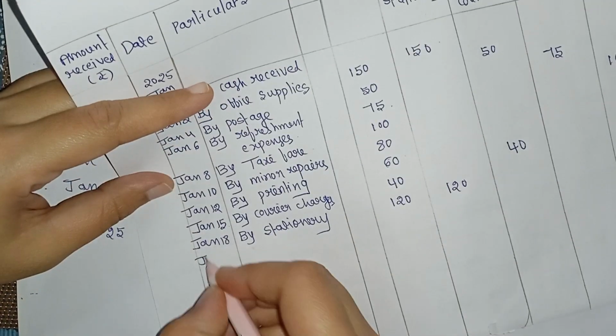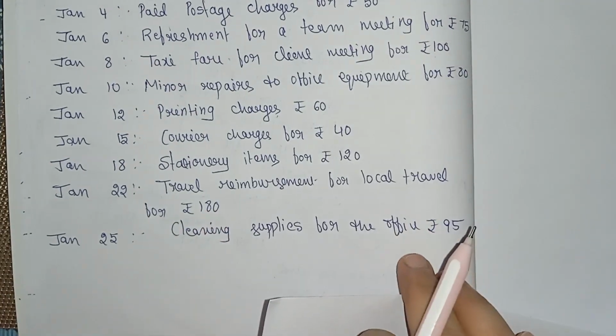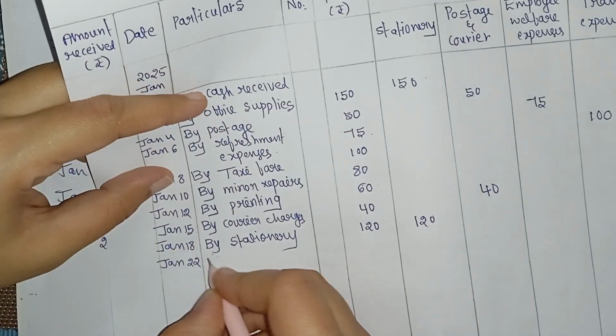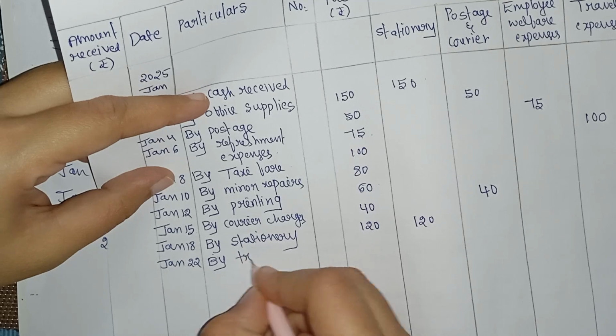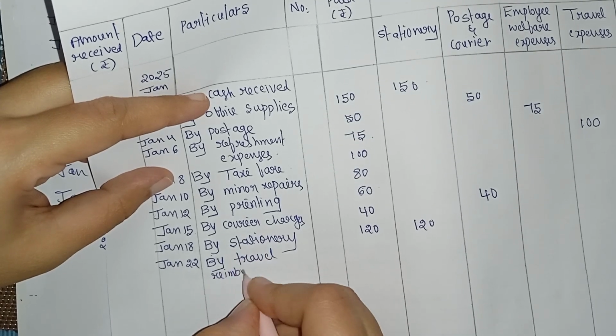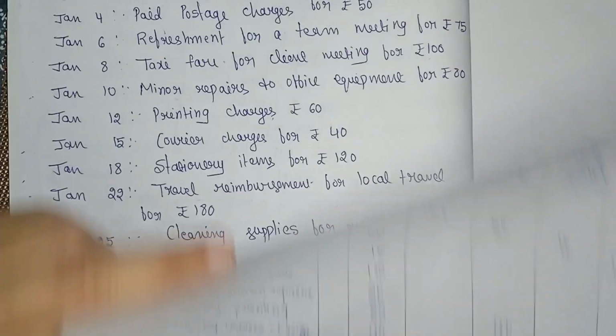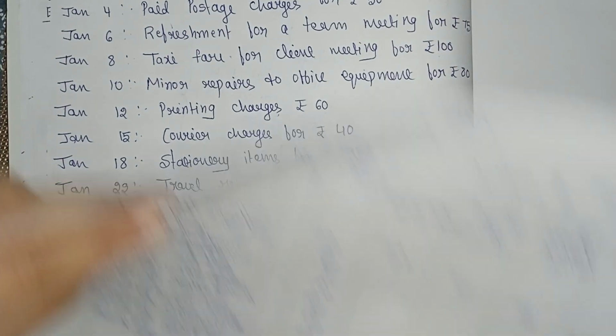Jan 22. Travel reimbursement for a local travel for rupees 180, means it falls under travel expenses, by travel reimbursement expenses, rupees 180.